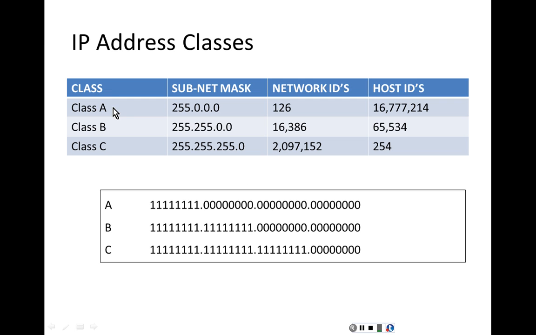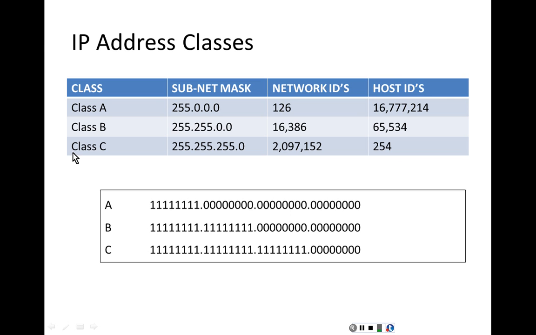Let's look at the class A, B, and C networks and the subnet masks for class A, B, and C. A class A subnet mask is 255.0.0.0. We write it as 255, but really the computer sees it as 8 ones and then 24 zeros. So you can have 16 million potential host IDs in a Class A network because it has 24 bits which are dedicated to host ID.